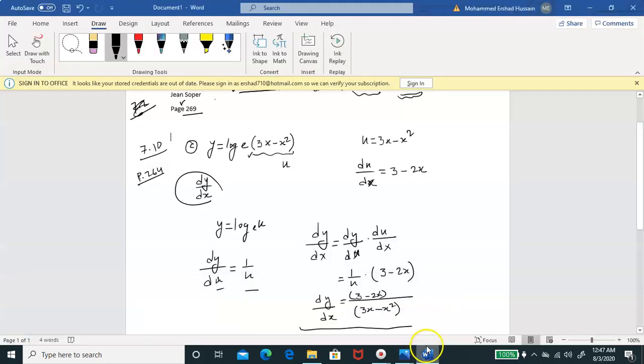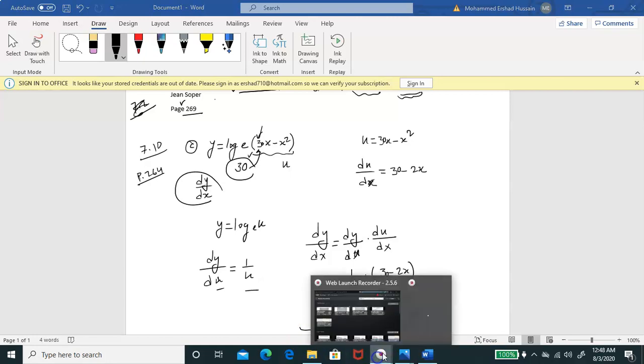See, 30x. This was not 3x, it was 30x. So all of this, put 30, 30, 30, 30. See, all of that. So now this is the answer. Sorry, I made a mistake. I picked up the wrong number, not 3. It should be 30. Okay. So thank you for watching.